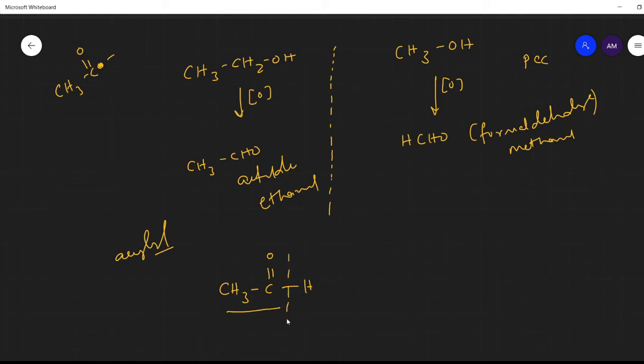If I identify this group, it will give a positive iodoform test, whereas here we don't see such a thing, so the iodoform test will not take place. Here we will get CHI3, which is iodoform.